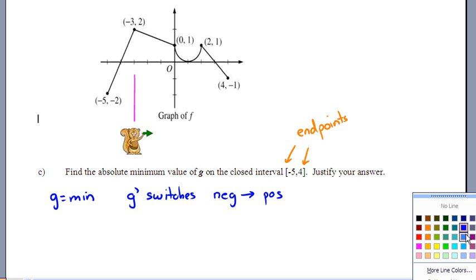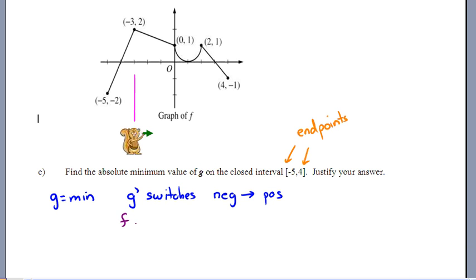But g prime, of course, is the exact same thing as f. So there's one possible place that I might want to go and check out, and that would be at -4. That would be some sort of local minimum.